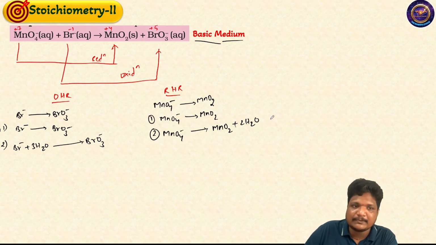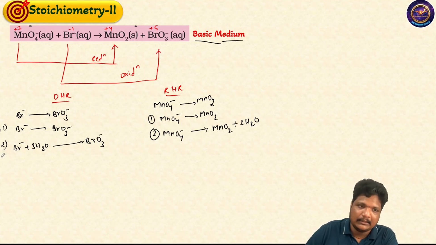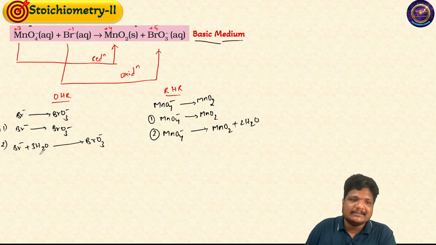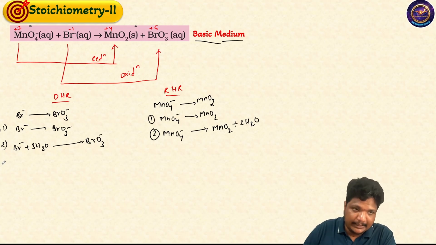Now let us balance the hydrogen atoms by adding H2O and OH minus. Since it is a basic medium, we have to balance the hydrogens by the addition of H2O and OH minus. Here we have 3 into 2, total 6 hydrogens, and on the right side there are no hydrogens.